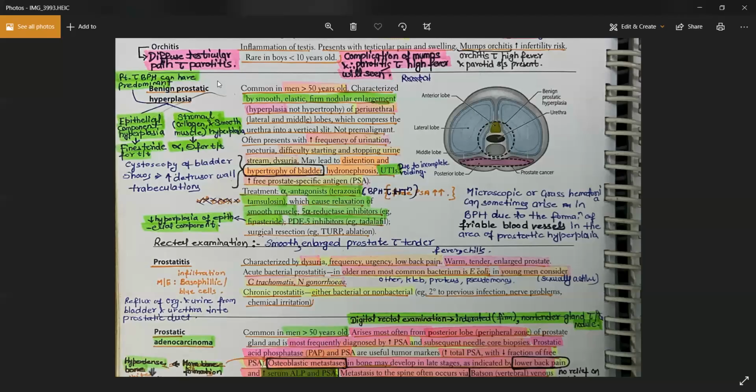For the stromal component that contains the smooth muscles, you need to give the patient a smooth muscle relaxant, for example an alpha-1 blocker, because the alpha-1 receptors are present there. If you block the alpha-1 receptors, you will have relaxation in the stromal component, and that's how alpha-1 blockers work in BPH.